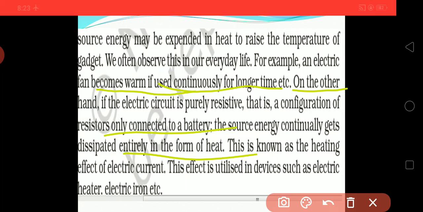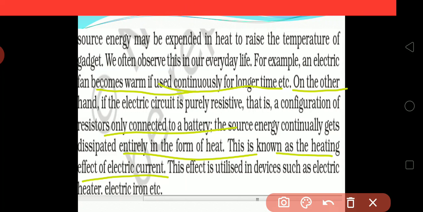Heat is generated in a large amount, and this is known as the heating effect of electric current. It is because of the flowing of current in the resistor that heat energy is generated.